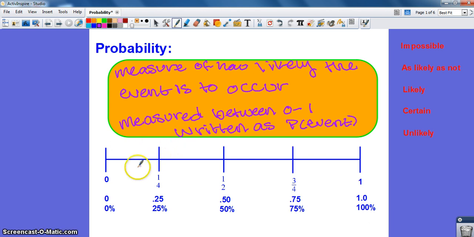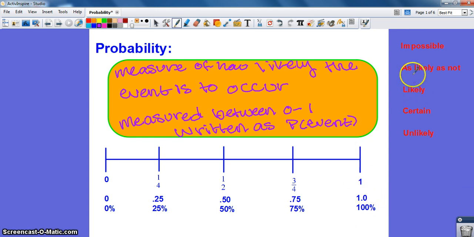So as you can see here on this number line, we have it between 0 and 1 in fractions, between 0 and 1.0 in decimals, and 0 and 100% if we're talking about percents. You should remember the conversions between decimals, fractions, and percents from earlier in the unit.